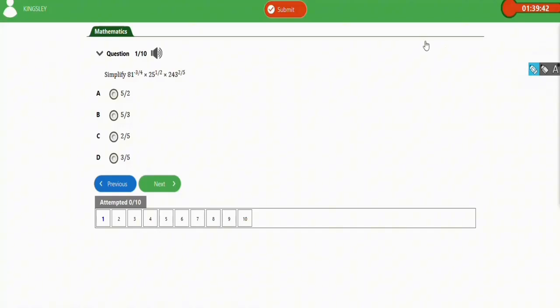Okay, so let's begin. We have 81 to the power minus 3 by 4. You need to break it down. Follow me, guys, this is very simple. To break this down, this is the same thing as the fourth root of 81, include the brackets, then we have the power negative 3.